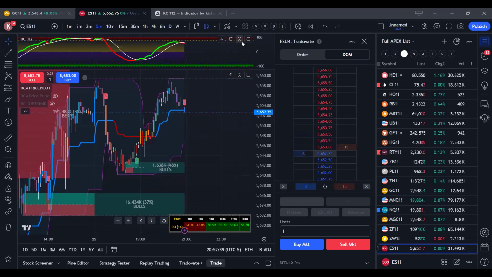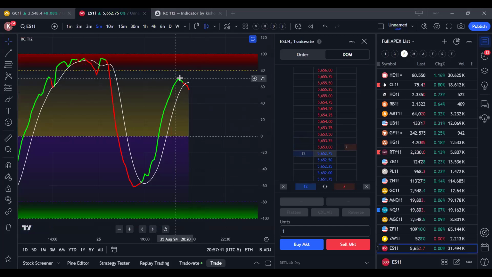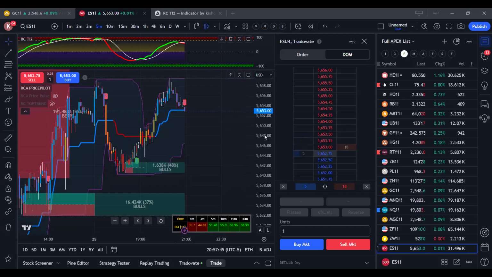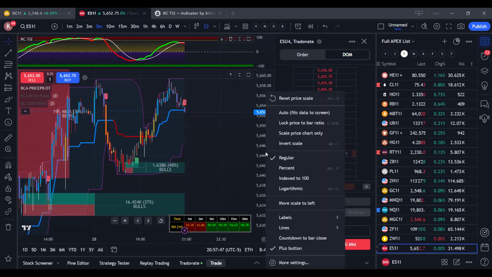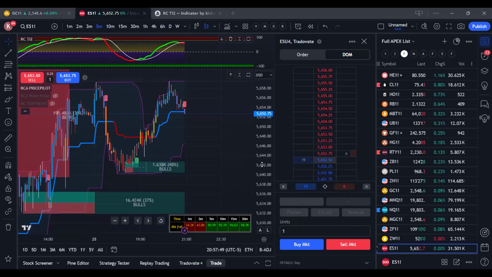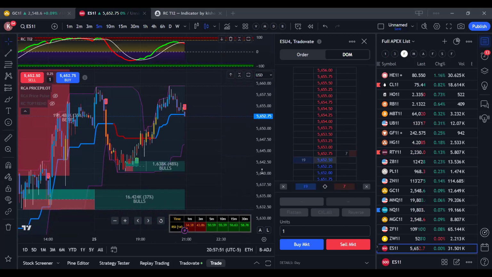Here it is slowly turning to red. Even if it comes all the way till here, then it is good to go long again.